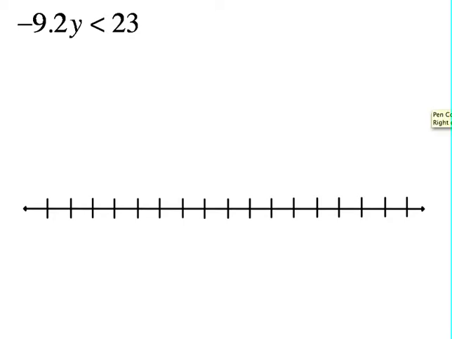-9.2y is less than 23. Divide by -9.2. The minute we divide by -9.2 is when we flip the inequality.